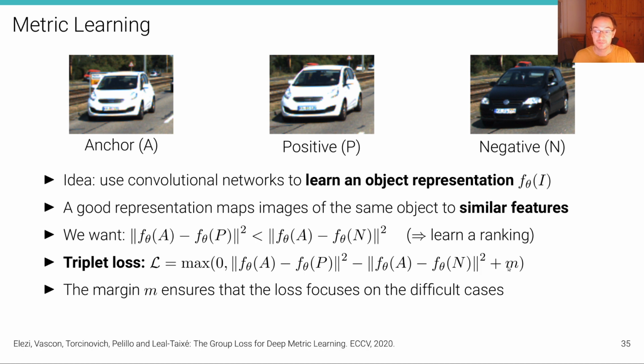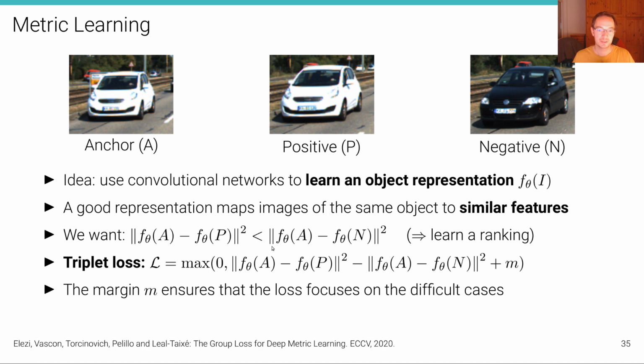And then in addition, we have this little margin term m here that ensures that the loss focuses on the difficult cases. What it does effectively is that in the cases where the positive is already much closer to the anchor than the negative, where this condition is already fulfilled sufficiently, we don't create a loss or a gradient because we are clipping at 0 in this case.